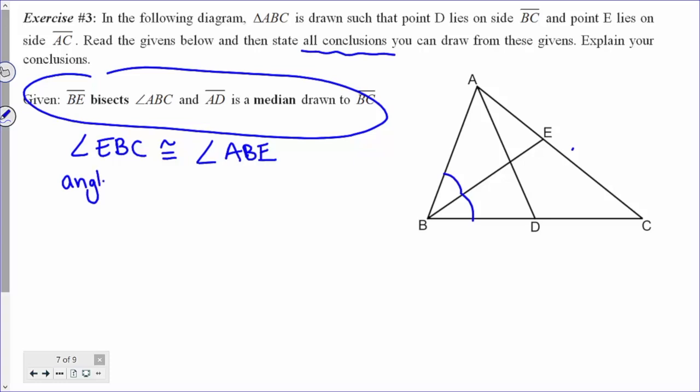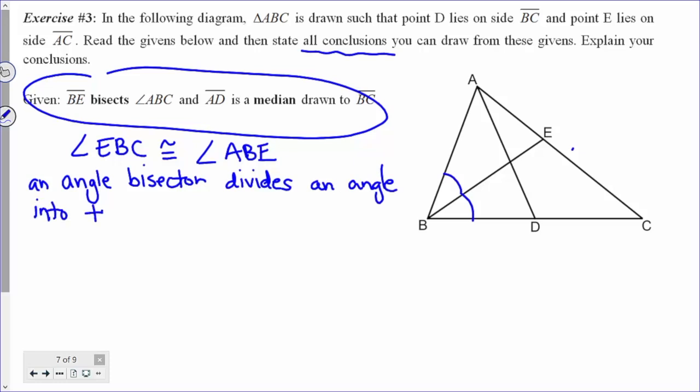That's because an angle bisector divides an angle into two congruent angles.